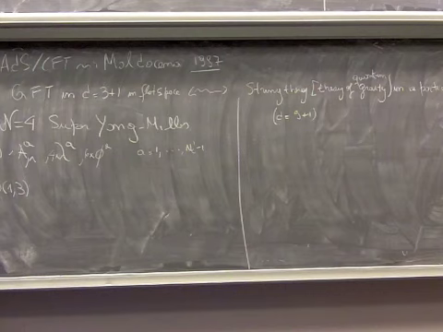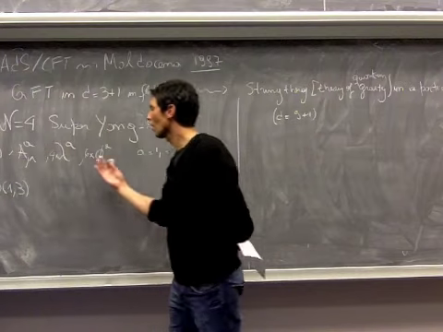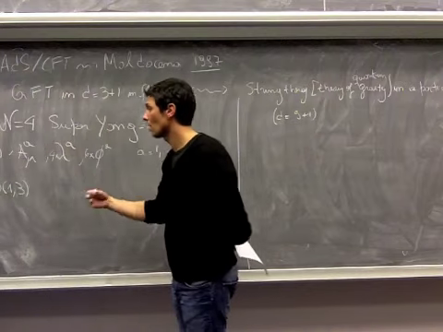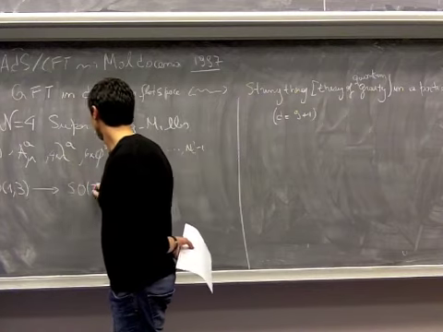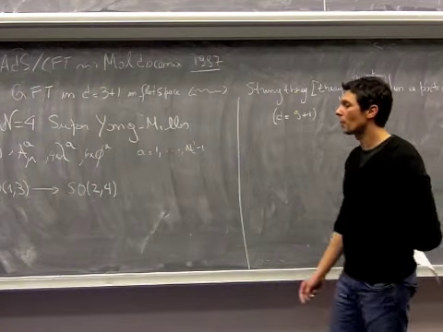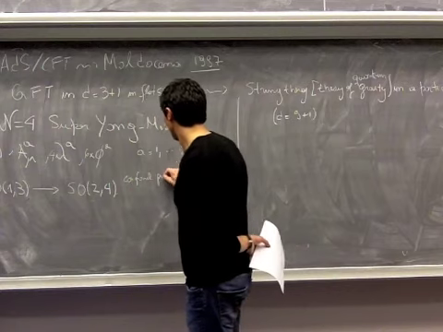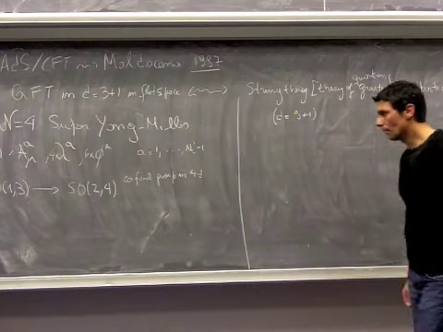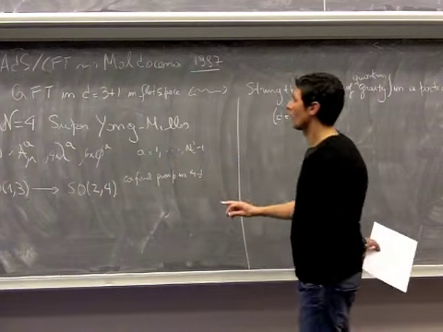This is due to the high amount of symmetry, which is actually not SO(1,3), but the conformal group in 4 dimensions that really appears. This is just a side remark.